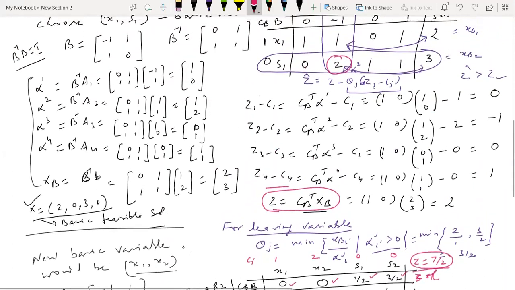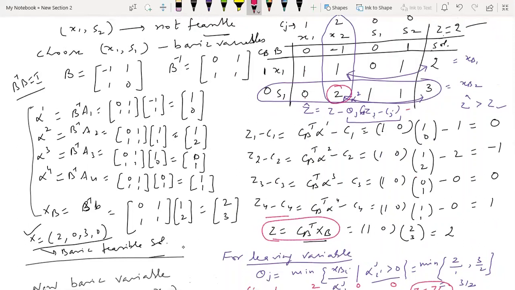So what is the predicted value here? The present value is 2 minus theta j times Zj minus Cj. Theta j was 3 by 2, and Zj minus Cj was minus 1. So this is 2 plus 3 by 2, which is again 7 by 2.